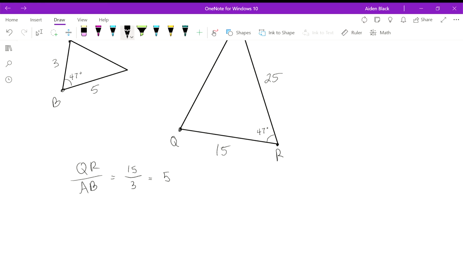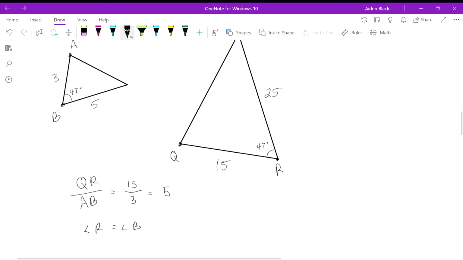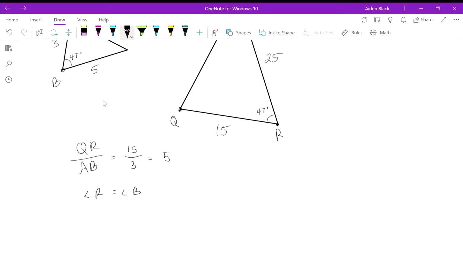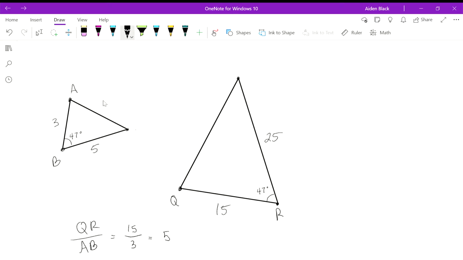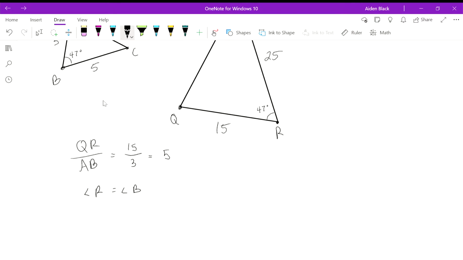And we know that angle R is equal to angle B. And of course, let's make this C and S. We also know that RS over BC is equal to 25 over 5, which is equal to 5.